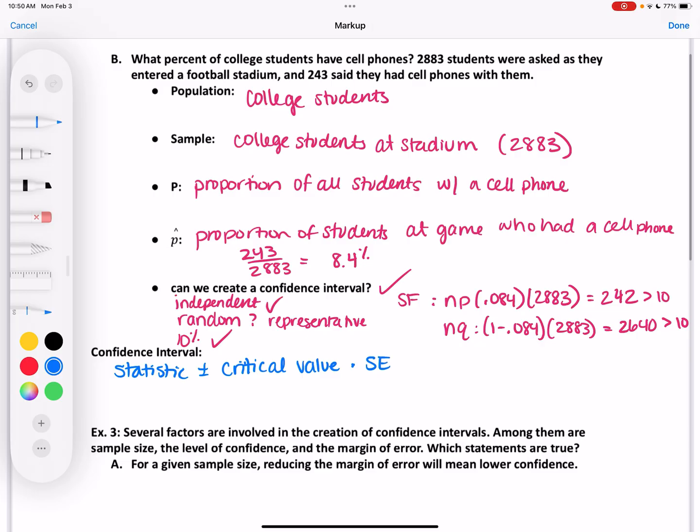Now, critical value times standard error is margin of error. So this is a formula you want to make sure you're familiar with. Now, the confidence interval in symbols is p hat plus or minus z star times the square root of p hat q hat over n.